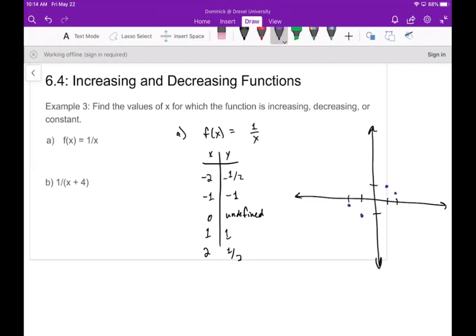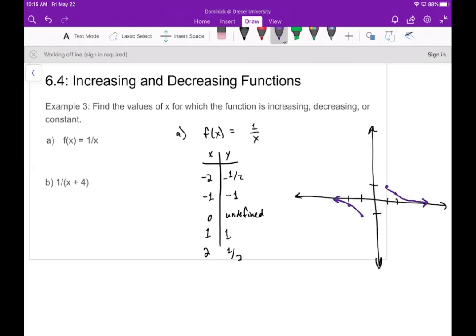Now, what's going to happen here, and we'll spend more time on this in another chapter, but as you make your x bigger, whether it's positive or negative, you're making a small fraction, right? Because, for example, 1/4 is smaller than 1/2, 1/8 is smaller than 1/4, and so on and so forth. So as you get further away from 0, you're going to get closer and closer to this axis, but you're never going to get there. You're just going to get to really small numbers, but never get to 0, right? And then here, the same thing happens, except you're negative.